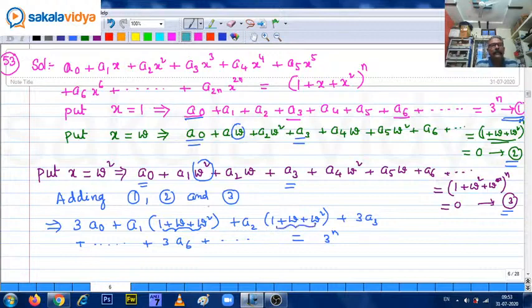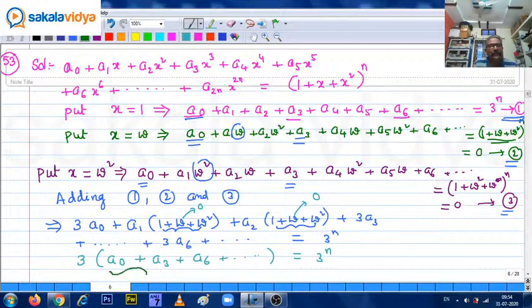That means this value is 0, this value is also 0, from the properties of the cube roots of unity. So now we get 3 common: a0 plus a3 plus a6 and so on equals 3 raised to n. Now what do you want?